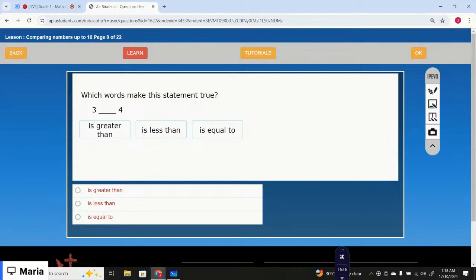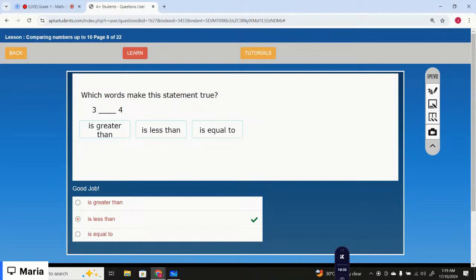Which is the correct option? So when counting, 3 comes before 4, right? So that means 3 is less than 4. The correct option is less than.